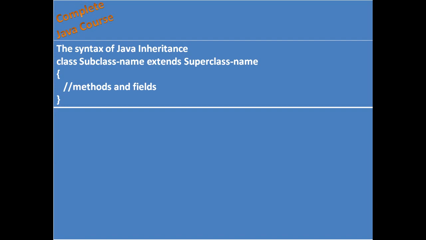The syntax of Java inheritance is class, then subclass name, then the extends keyword, then superclass name. Here you can define the subclass methods and fields, and all the fields and methods of the parent class are also inherited in the subclass. So the subclass has the parent class methods and fields as well as its own.